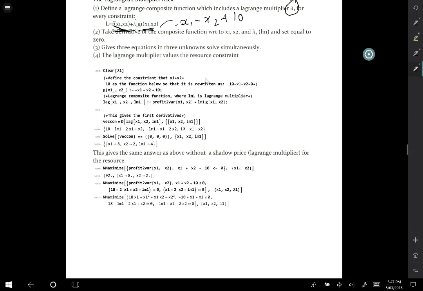So let's set this up as a Mathematica example. We set this function up here, and that's the constraint function.